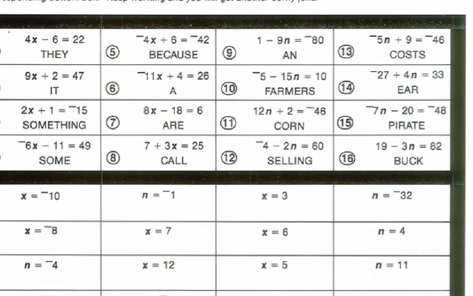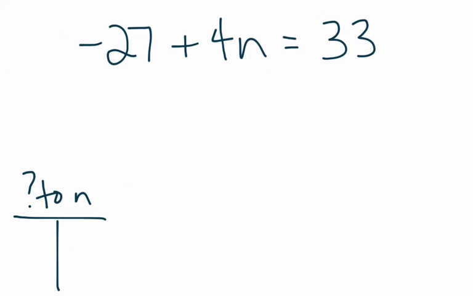Okay, the last one that I'm going to do with you is 14. So we're going to write that down and solve it. In this equation, the first thing that I notice is that n is being multiplied by 4, which we're going to divide by 4 to fix.